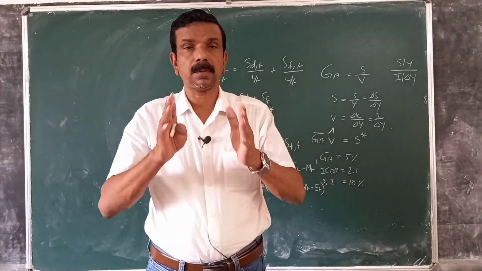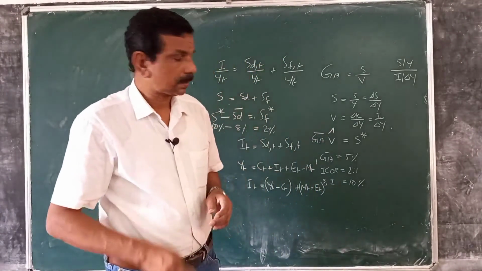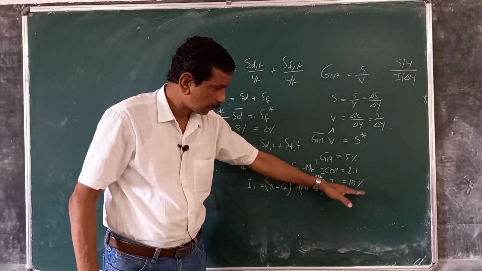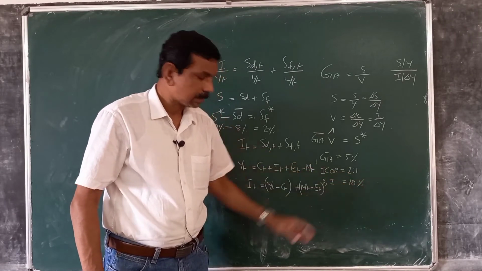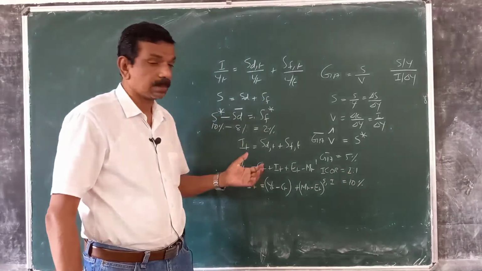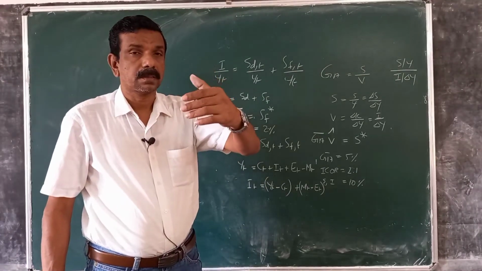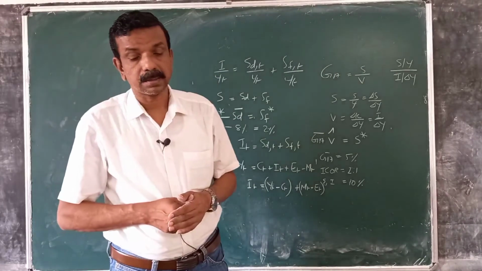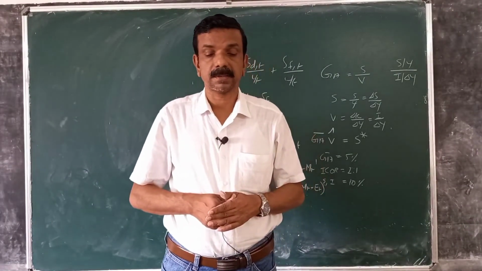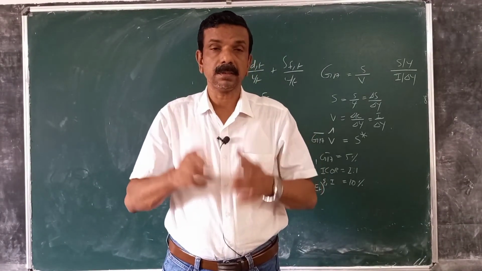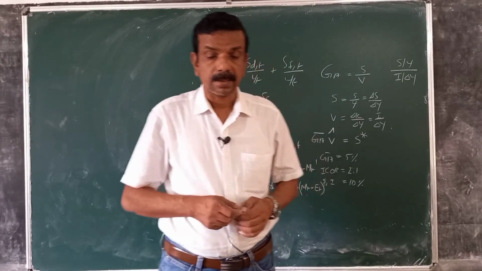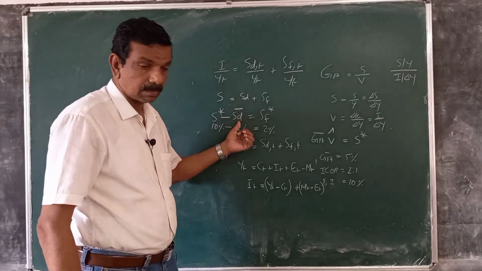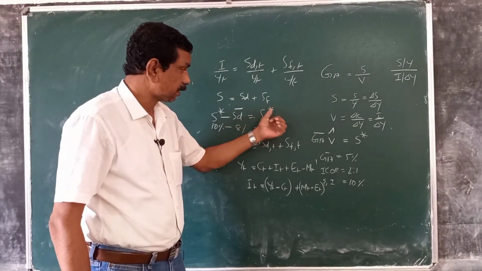So Harrod Domar model can be used not only to determine the domestic saving and investment, it can also be used to determine the foreign savings or foreign resources, provided that domestic saving is not sufficient. And S star minus SD bar is equal to SF star.